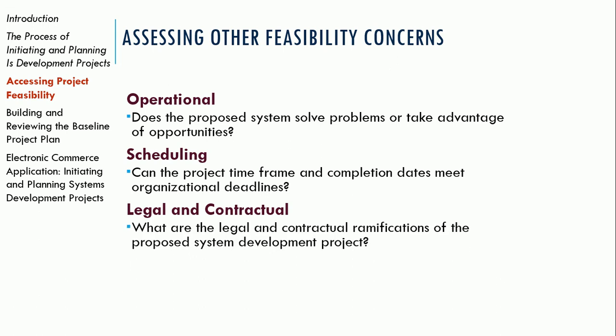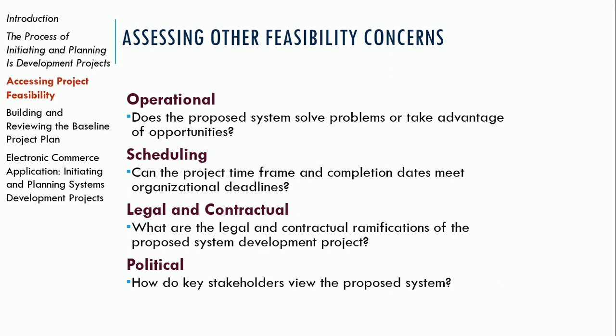There are legal and contractual concerns. What are the legal and contractual ramifications of the proposed system? Political concerns. How do the key stakeholders view these different alternatives? If one of the stakeholders is not going to accept one of the alternatives for some variety of reasons, and a lot of times the reasons are dumb, right? It could just be that I hate Microsoft, right?